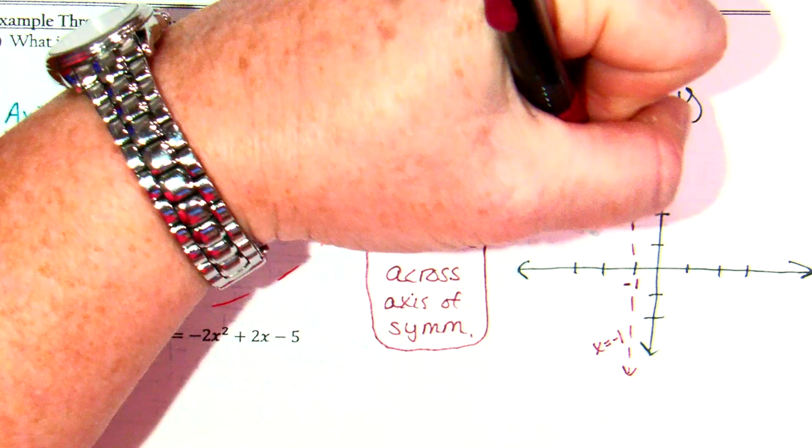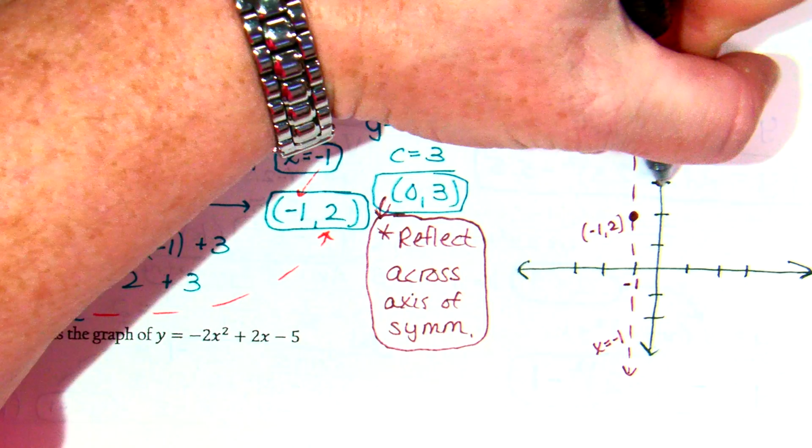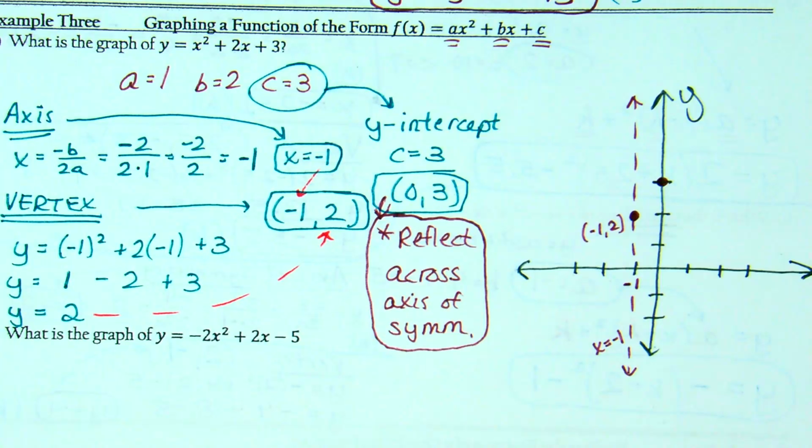So that is a vertex of negative 1, 2. What's the other point I know? 0, 3, my y-intercept. So I know my parabola will cross through the y-axis at 3, which is right there.